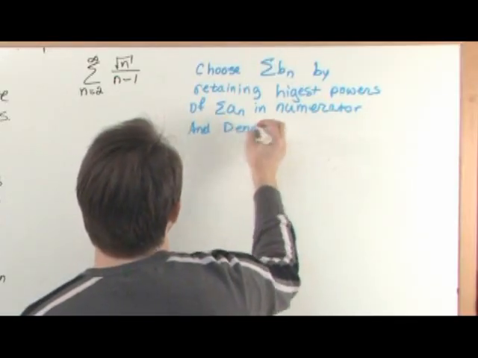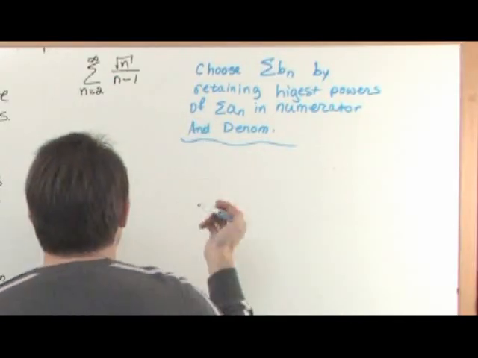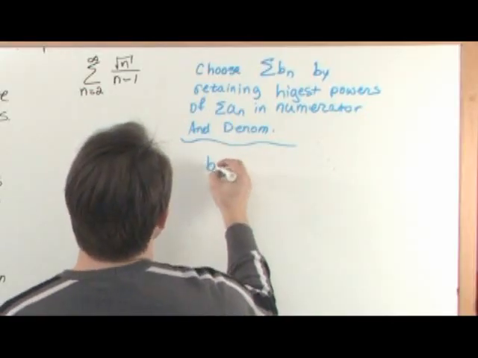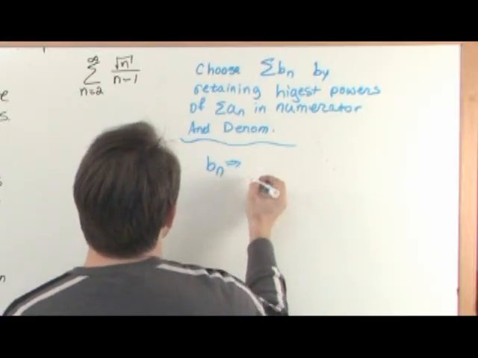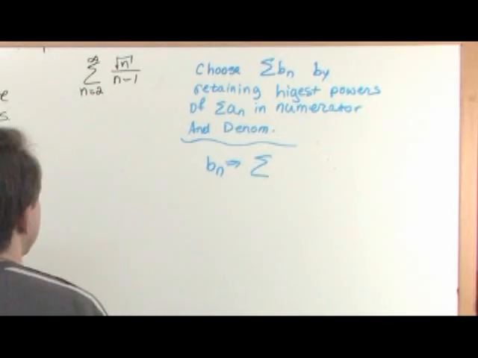Okay? It's a lot of words, but it's really easy. What I'm going to do for b sub n is say it's the sum for this particular example.